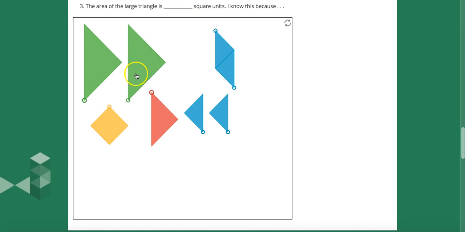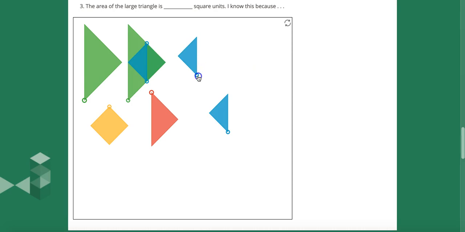What about these large green triangles? Could we use these smaller triangles to help us figure out the area? What do you think about the area for this? How many of these triangles do you think it would take? Well, it would actually take 4 of these triangles to fit in this space.